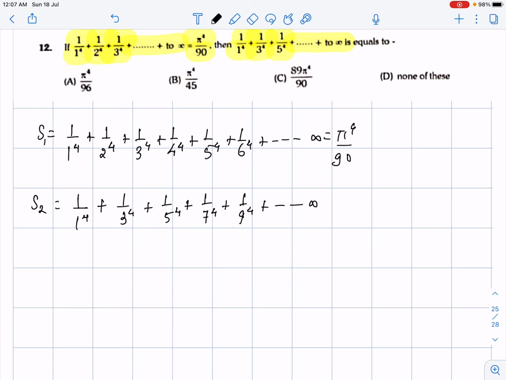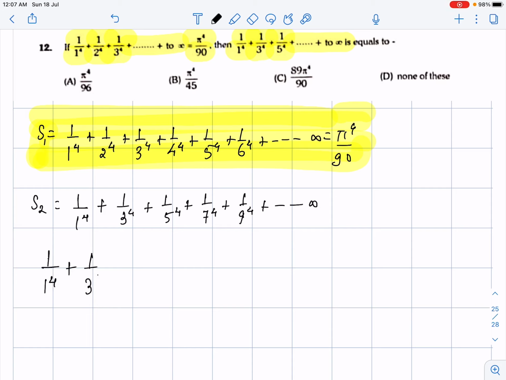So I'll manipulate S1 to get the value of S2. We'll generate something related to S2 making use of S1 given to us. So what is the form of S1? We have 1 upon 1 power 4. I'll separate out the odd terms and even terms.